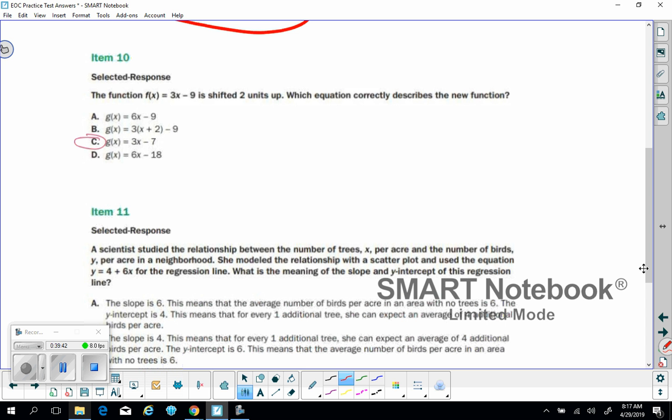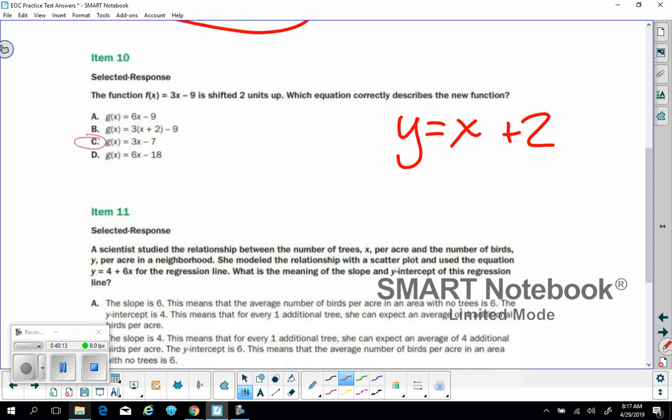So if I had y equals x, what would I do to shift it up 2 units? If I wanted to shift it up 2 units, I would add 2, right? Big plus 2, that's what shifts it up.